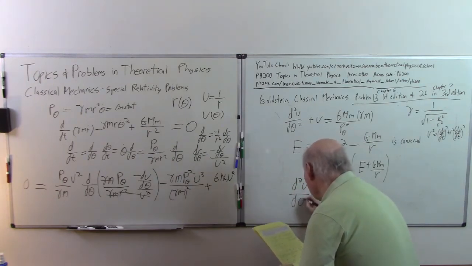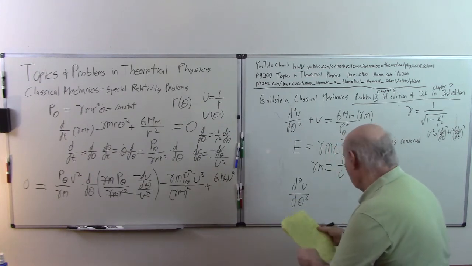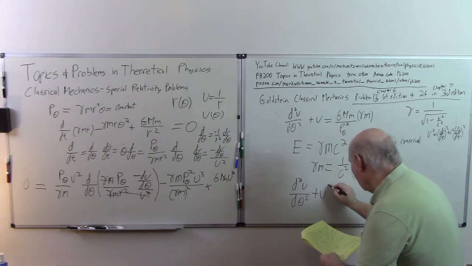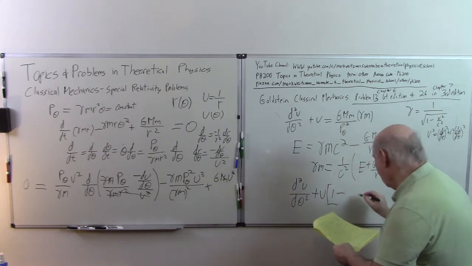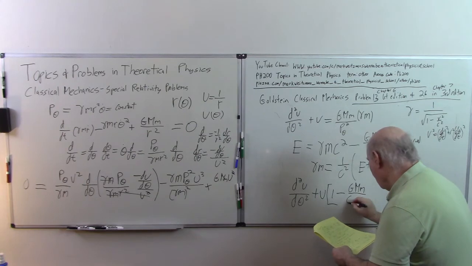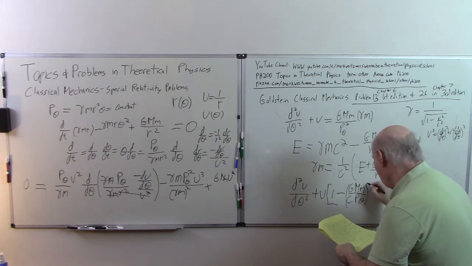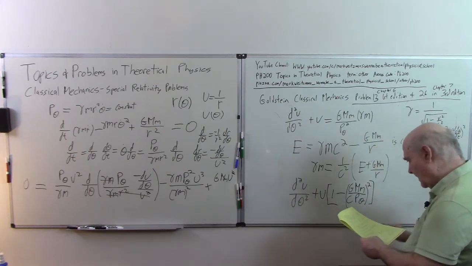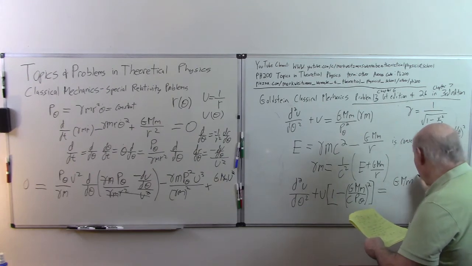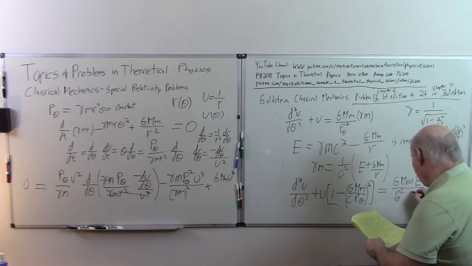d2u d theta 2 plus u times 1 minus G M m over c p theta, squared, and this is equal to G M m E over p theta squared c squared.